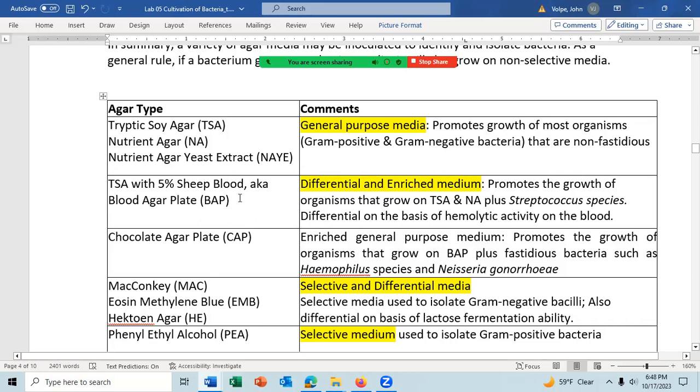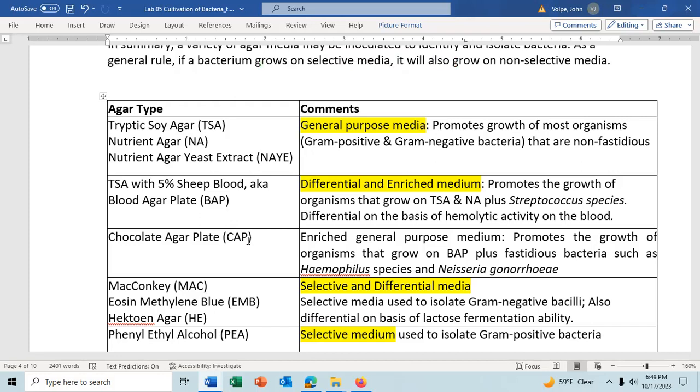The difference between blood agar or BAP and chocolate agar or CAP is when the blood is added. In blood agar, you have to add the blood after the agar cools to around 50 degrees or cooler, and then the blood is not lysed. If, on the other hand, you add the blood as soon as the agar comes out of the autoclave, and I don't know, well, the temperature of the autoclave is close to 215. Of course, boiling is what?